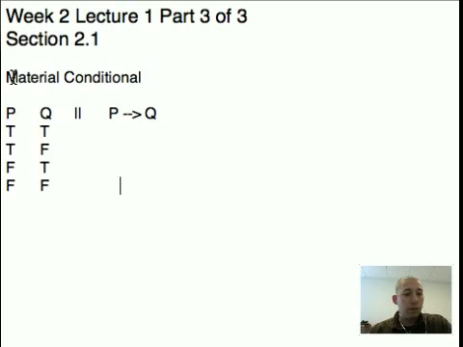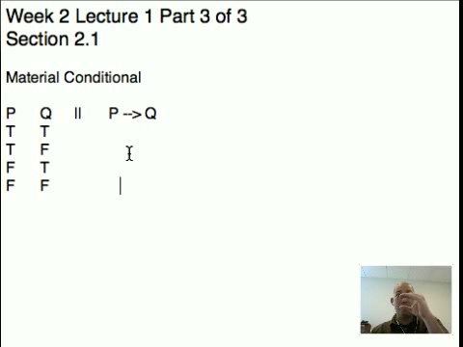So the material conditional, here I'm going to write it as a right arrow, going from P to Q. Now in the book you have a skinny sideways C, where P is on this side and Q is on this side. So P is here, and then Q is over here.